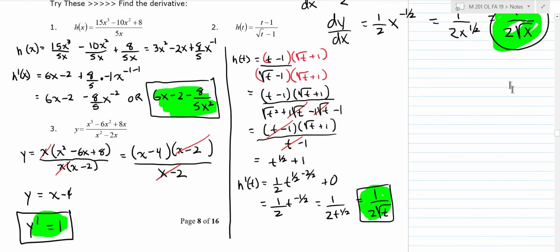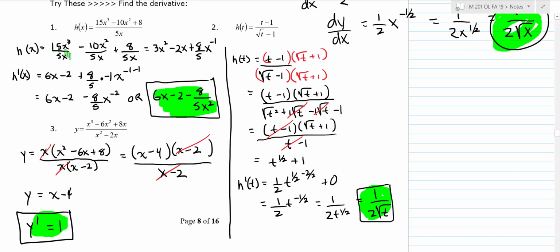Okay, so let's look over this and see how you did. Here's my 3 answers. And number 1, I split it up. So I just do 15x to the third over 5x, 10x squared over 5x, 8 over 5x like that.